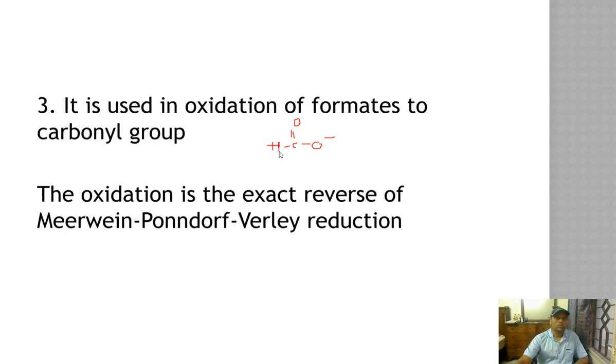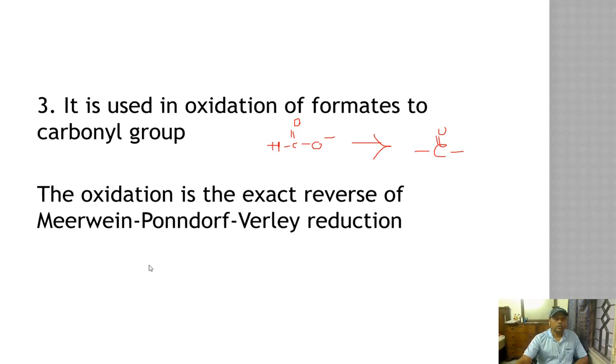So this is formate. If it is H over here, it is formic acid. So it is used in oxidation of formates to carbonyl groups. That is another application of it, the oxidation.